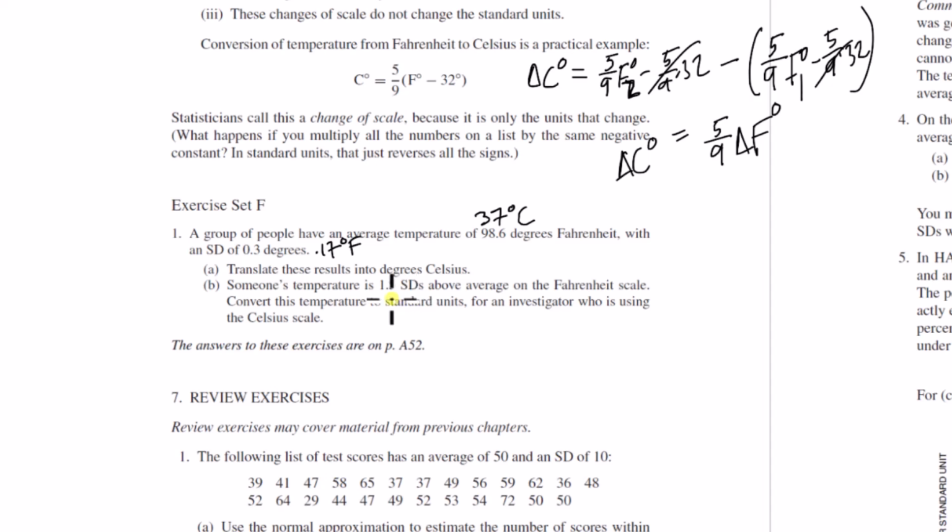And remember, the standard units don't change unless there's a minus sign being multiplied. There's no minus sign in here, so this isn't going to change. Going from the Fahrenheit scale to the Celsius scale with this conversion factor, the standard units aren't going to change. So it's going to be 1.5 standard deviations as well, Fahrenheit or Celsius scale.